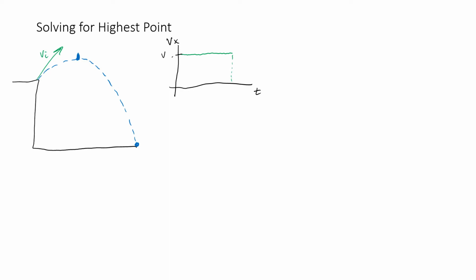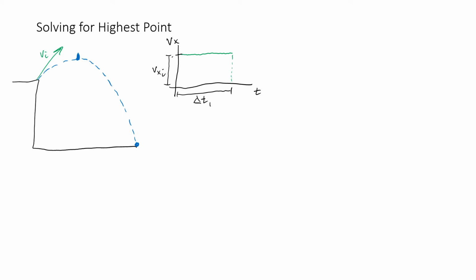So why don't we go ahead and label that as this distance of the side of the rectangle, the bottom of the rectangle being the time that it takes. I'll call this delta t1 since the motion is not finished at this point. This is just the first segment of the motion, so I'll call it delta t1.